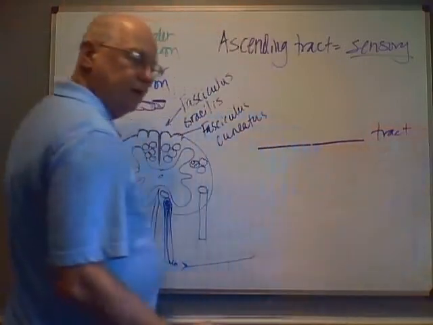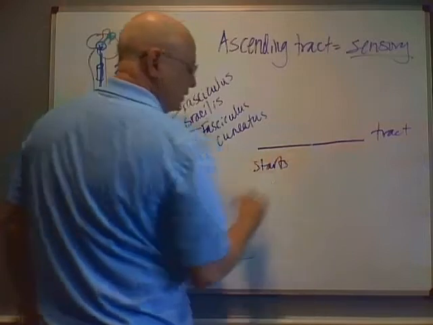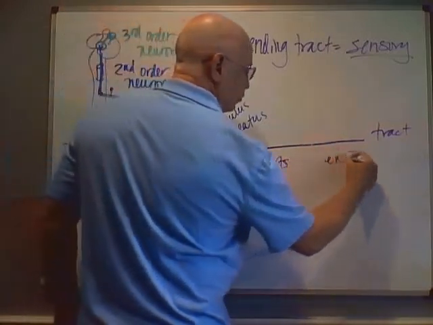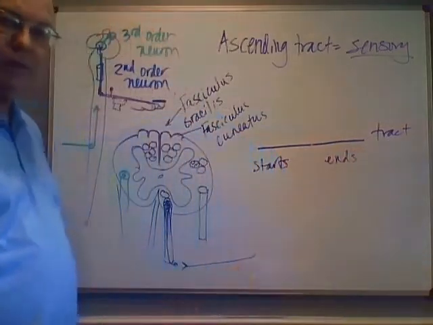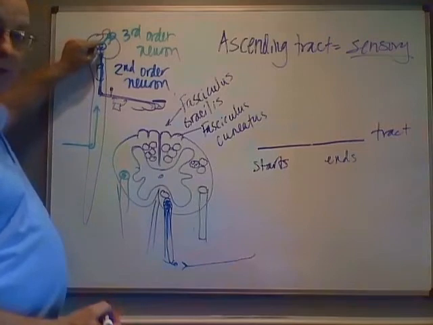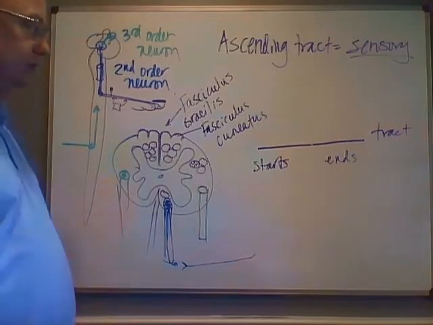The first half of the word tells you where the tract starts in the nervous system. The second half of the word tells you where the tract ends. These tracts are either going to go from somewhere in the spinal cord to the brain or from somewhere up higher down into the spinal cord in most instances.